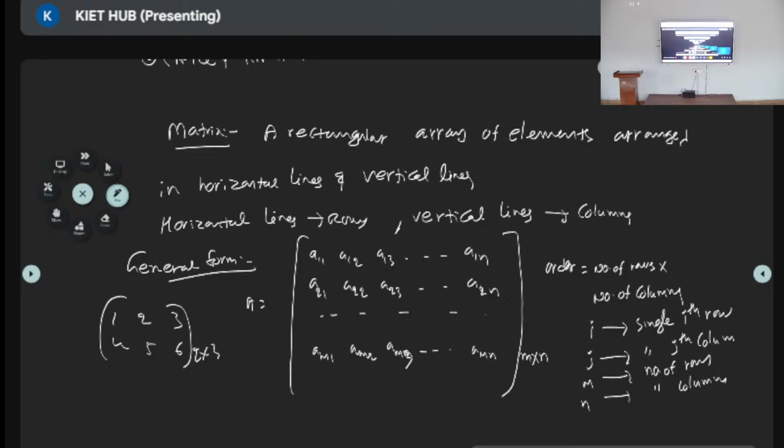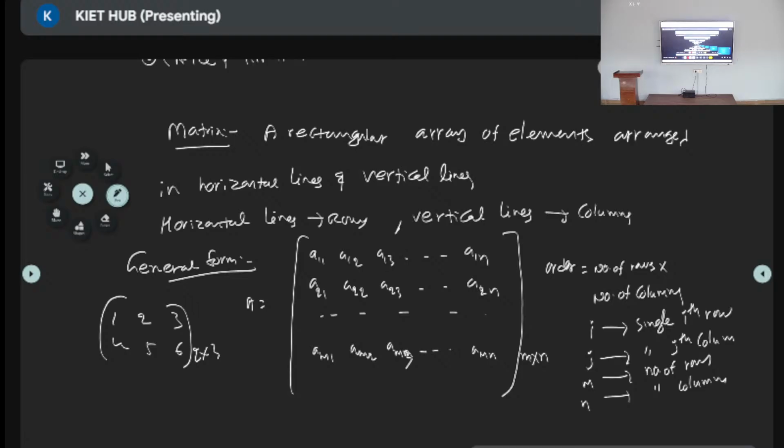These four notations are very important: i, j, m, n. i is a single ith row, j is a single jth column, m is the number of rows, n is the number of columns.